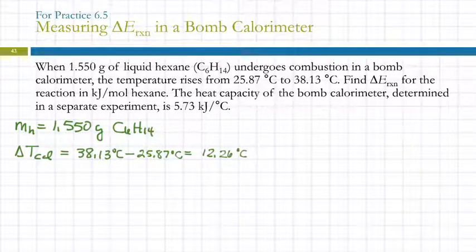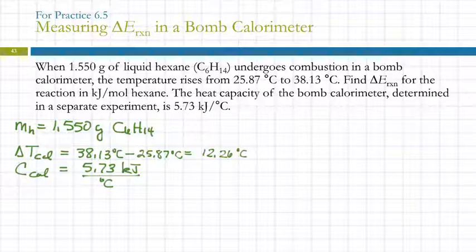And then it's saying, find this, and here are the units, and then the heat capacity of the calorimeter. So that's C for the calorimeter, and that is 5.73 kilojoules per degree Celsius.